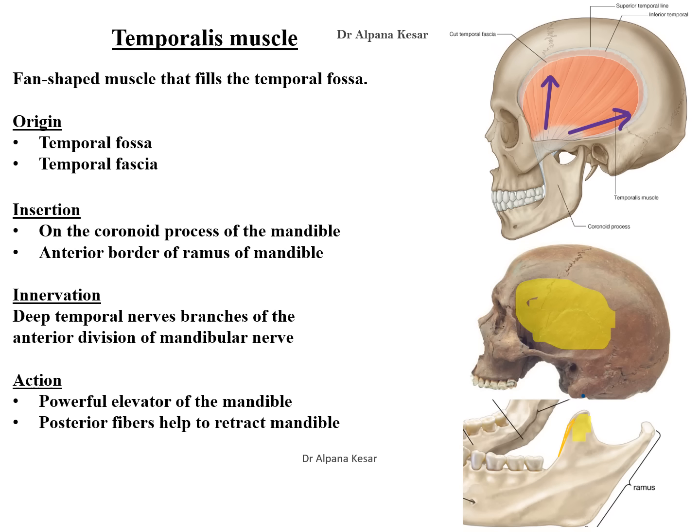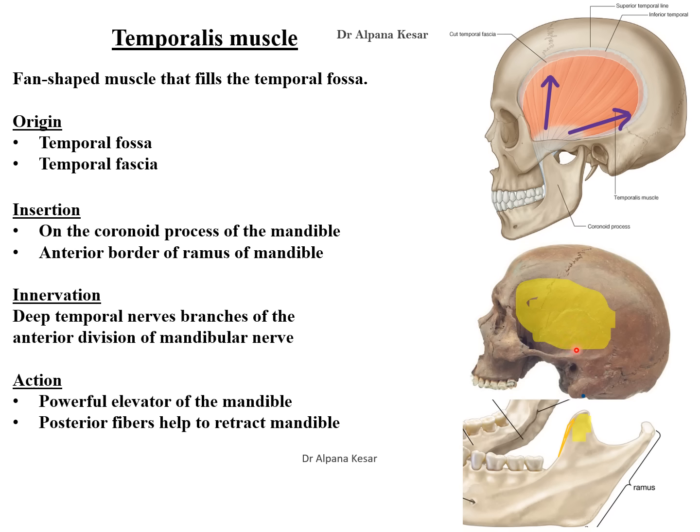Temporalis muscle. Temporalis muscle is a fan-shaped muscle that fills up the entire temporal fossa. This is temporalis muscle and it fills up this temporal fossa. Its origin is from the temporal fossa and temporal fascia that is overlying the temporal fossa.